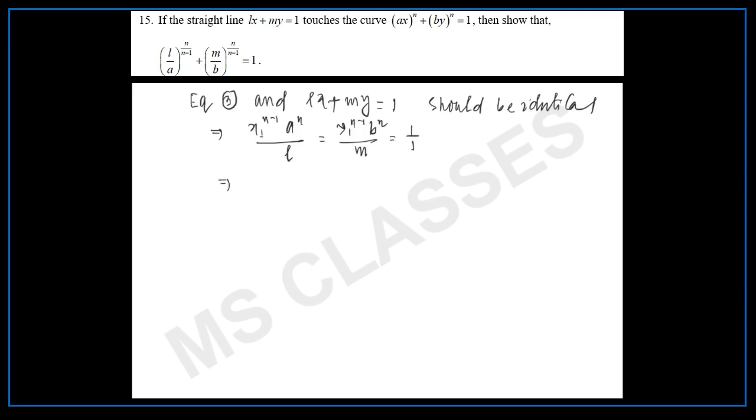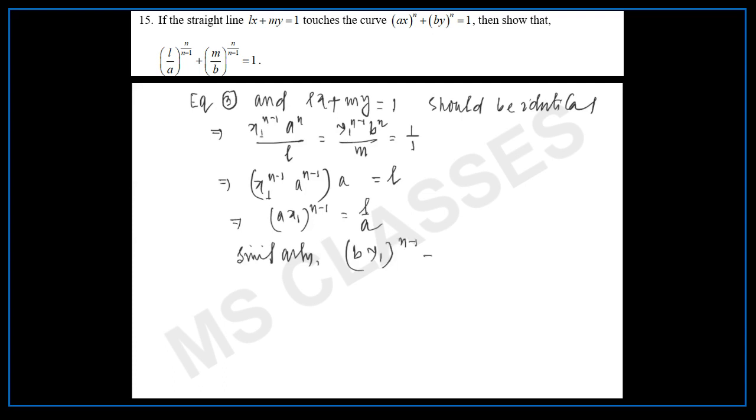Now from this we can say that x1 to the power of n minus 1 into a to the power of n equal to L. This implies (ax1) to the power of n minus 1 equal to L by a. Now similarly (by1) to the power of n minus 1 equal to m by b.